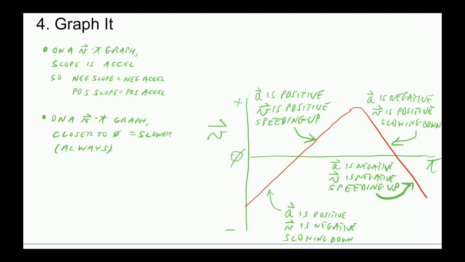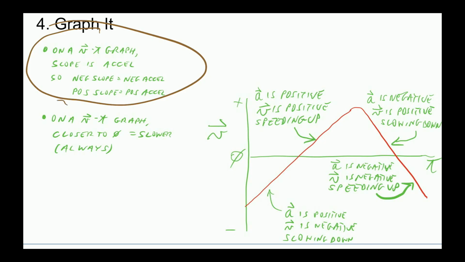This student liked to just sketch on the side of the paper a velocity-time graph that looks like the one I show here in red, and that has all of the answers in it. Because this student remembers that on a velocity-time graph, the slope is acceleration: positive slope, positive acceleration; negative slope, negative acceleration.